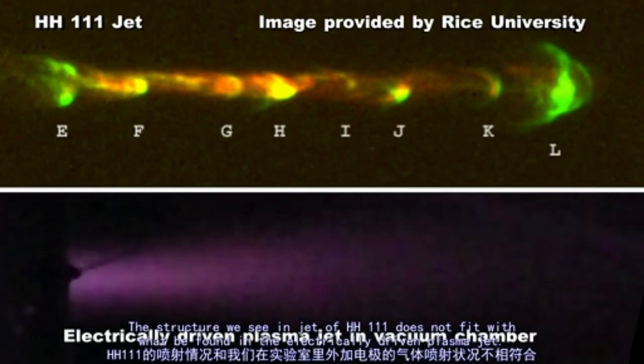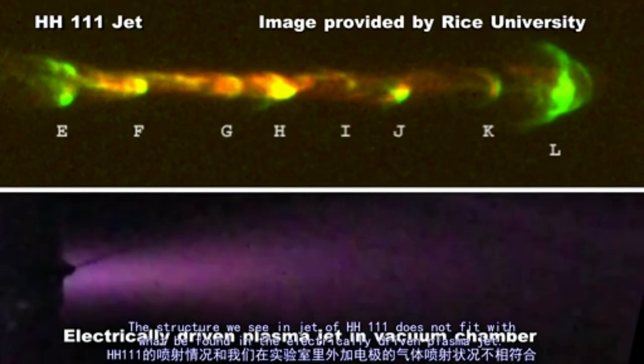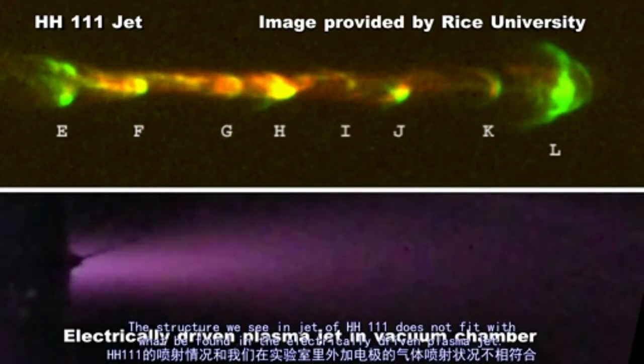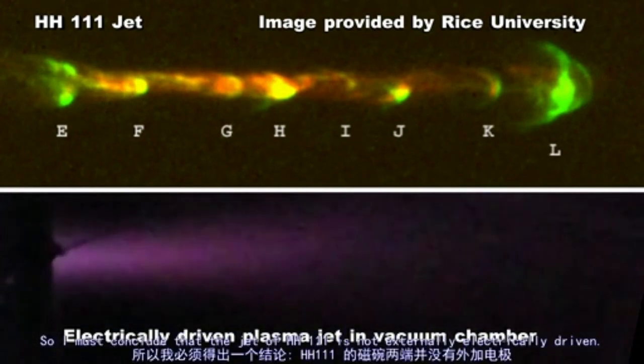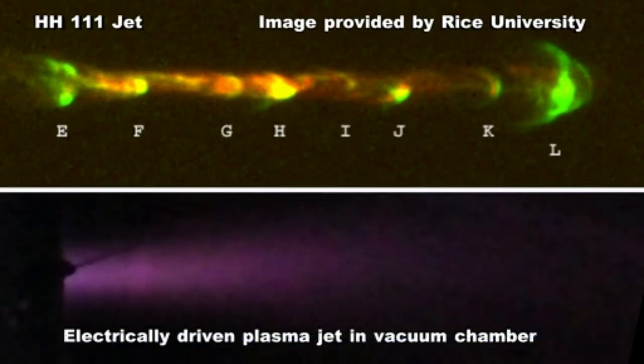The structure we see in the jet of HH111 does not fit with what would be found in an externally electrically driven plasma jet. So I must conclude that the jet of HH111 is not externally electrically driven.